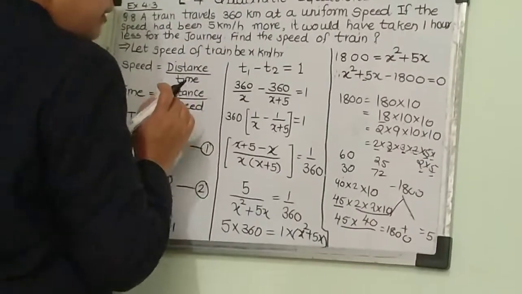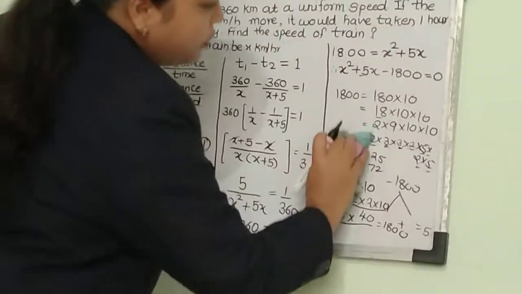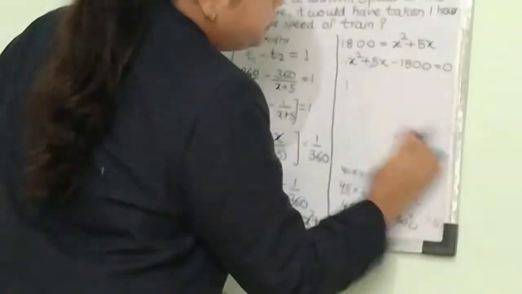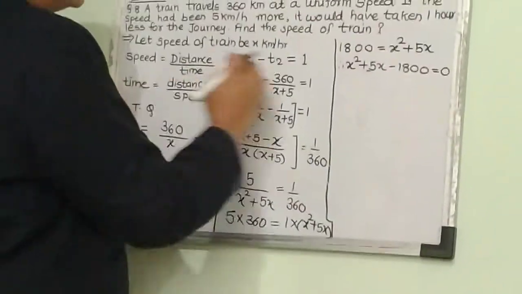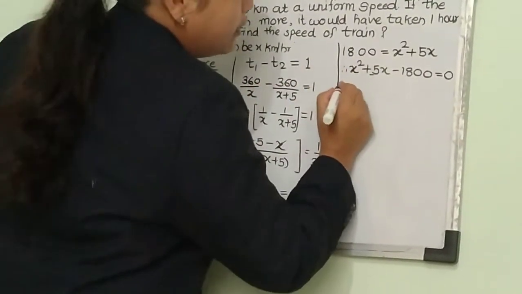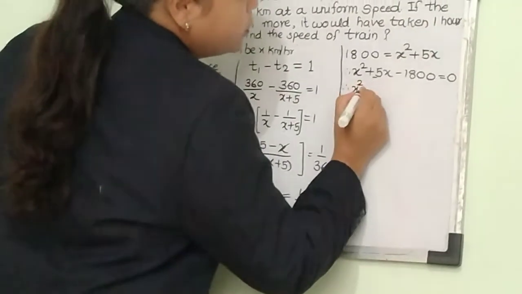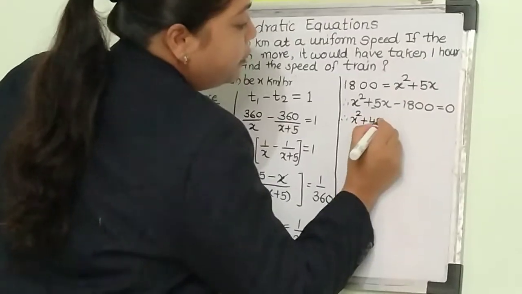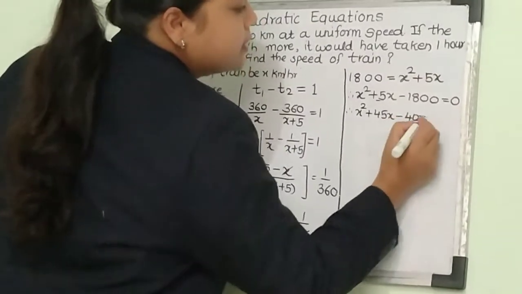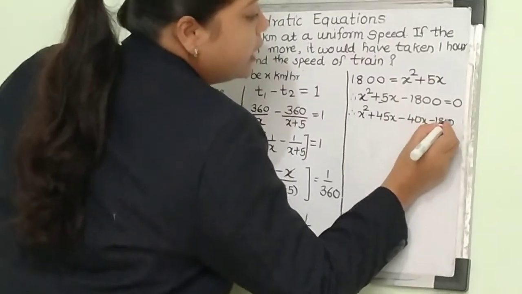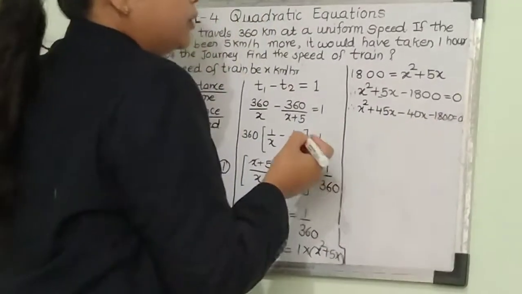So what I will do here? First I will do here. Now I want the plus 5. So I will put here x square plus 45x minus 40x minus 1800 equals to 0.